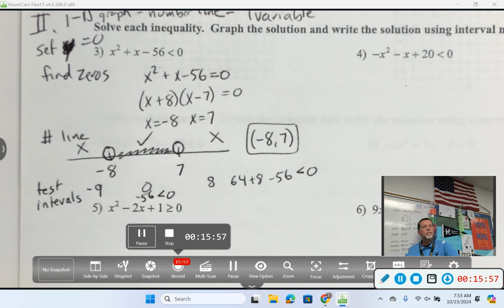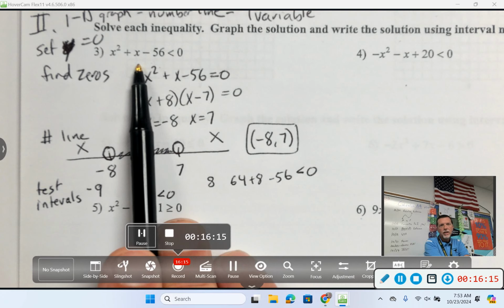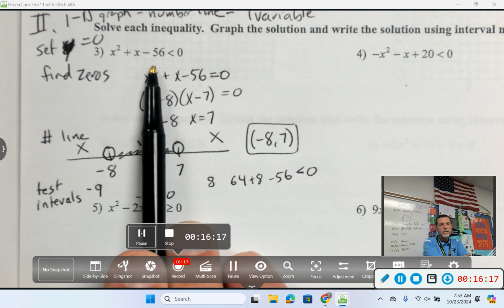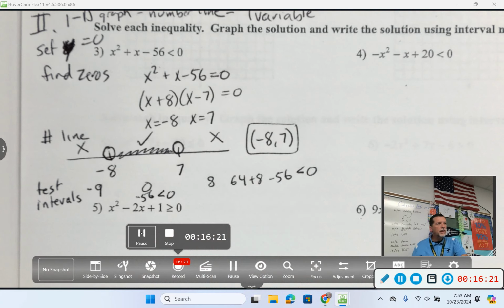The only reason it worked here was coincidence, because it would be easy for me to make the opposite answer. So anything between negative 8 and 7 will work in this inequality.